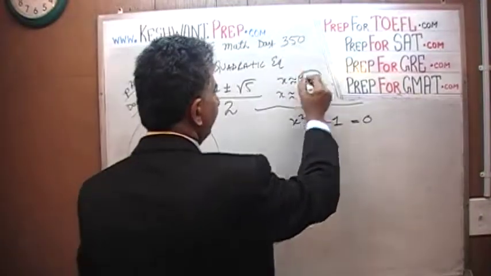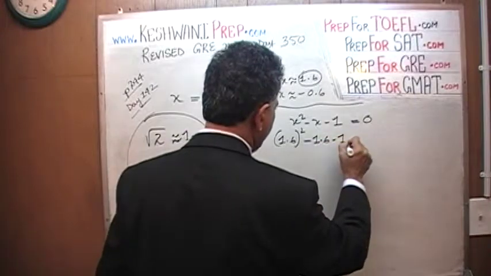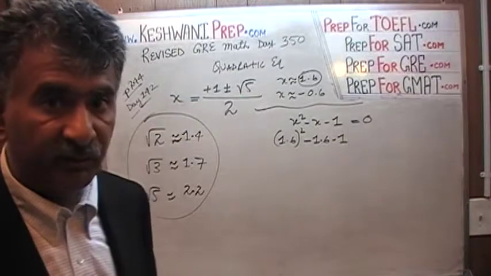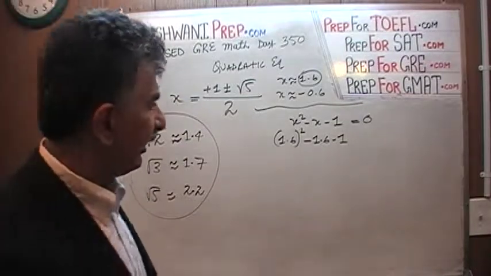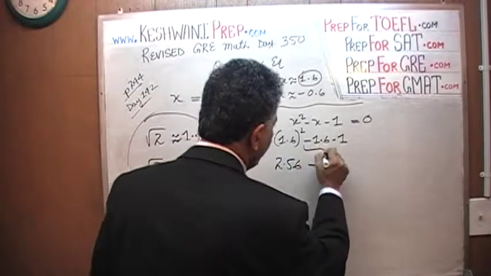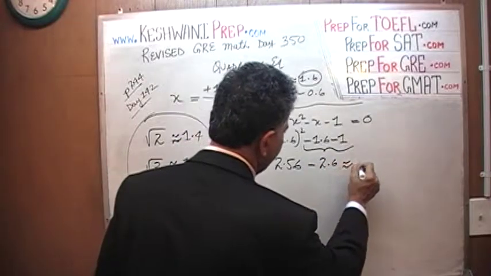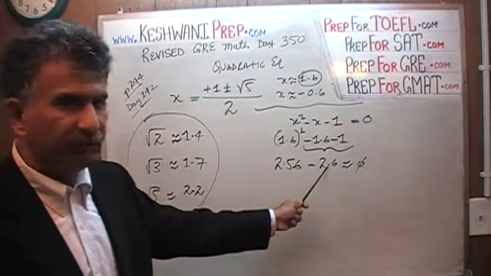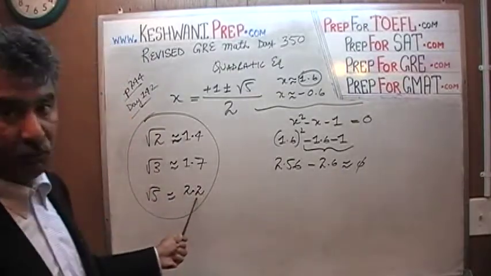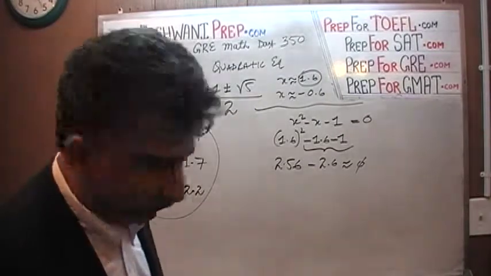If we put in 1.6, 1.6 squared minus 1.6 minus 1, how much is 1.6 squared? 1.6 squared comes straight from 16 squared, which is 256, so 2.56. 2.56 minus 1.6 minus 1. 1.6 plus 1 is 2.6, so 2.56 minus 2.6 is approximately equal to 0. It's not going to be exact because the root of 5 is not exactly 2.2, it's approximately 2.2. So it works. Let's do the next one.